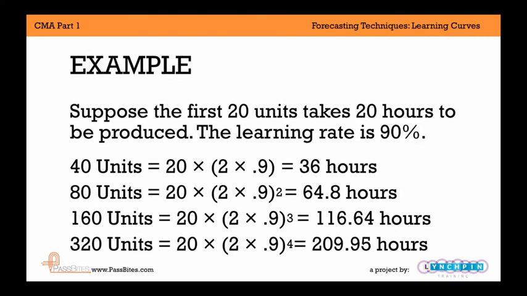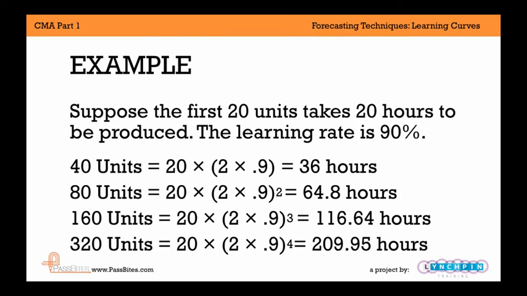Another thing we need to see here is that since the first 20 units have been produced and have already taken 20 hours, the next 20 units are actually taking 16 hours. This is the time for successive units, the next units. I'm repeating that again. If the first 20 units have already taken 20 hours and 40 units are supposed to take 36 hours, this means that the next 20 units are taking 16 hours.